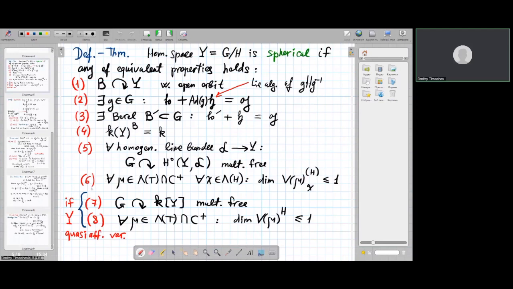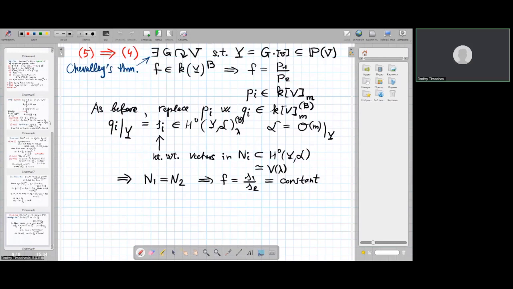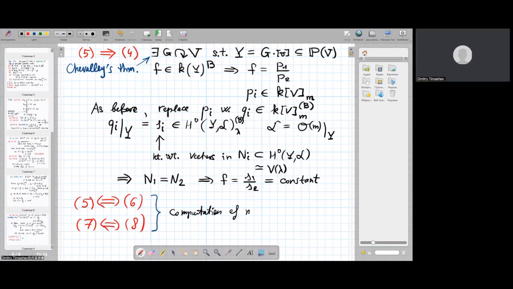As for the remaining two conditions 6 and 8, let me finish the proof by saying that the equivalences of 5 and 6 and 7 and 8, these two equivalences, they follow from computation of multiplicities, which we did at the end of the first half of my lecture.